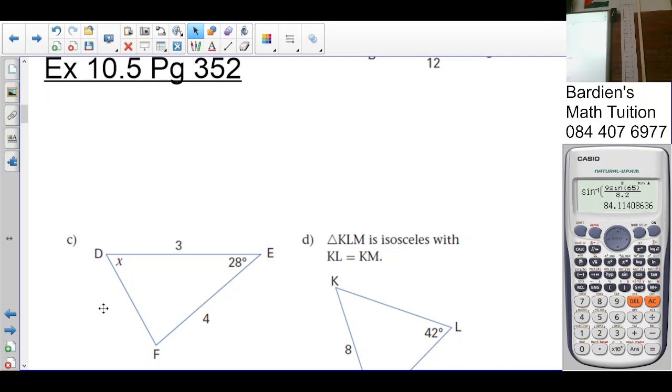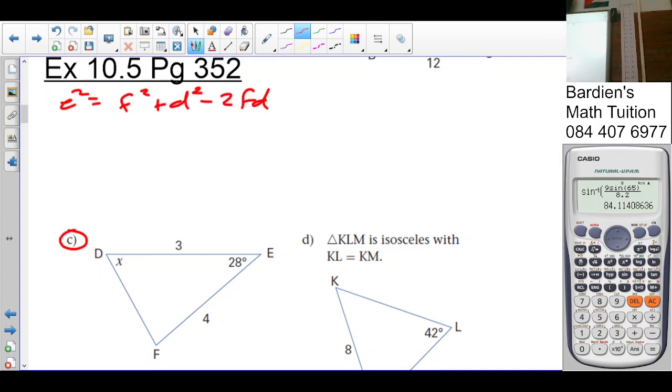Who had a problem with 4C? Work out the cos rule for DF, making DF the subject of the formula. So you did do that. Right, so read me what you have there, from the beginning. E squared is equal to F squared plus D squared minus 2FD cos of E. 3 squared plus 4 squared minus 2 times 3 times 4 cos of 28.